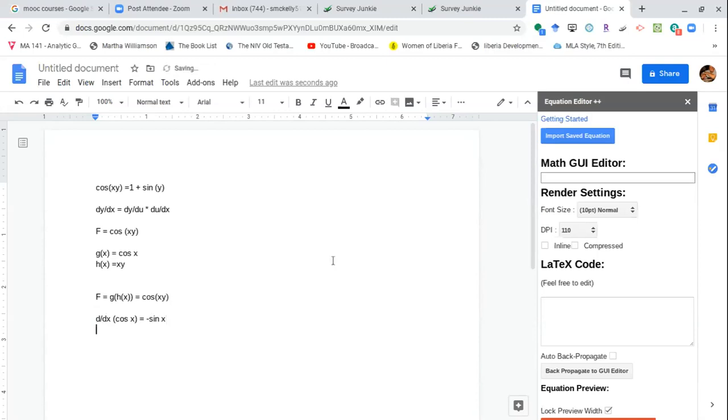Now, the problem for you is this. d/dx of x is 1 by the power rule. d/dx of y is dy/dx, because the variables don't match each other. y is a function of x.